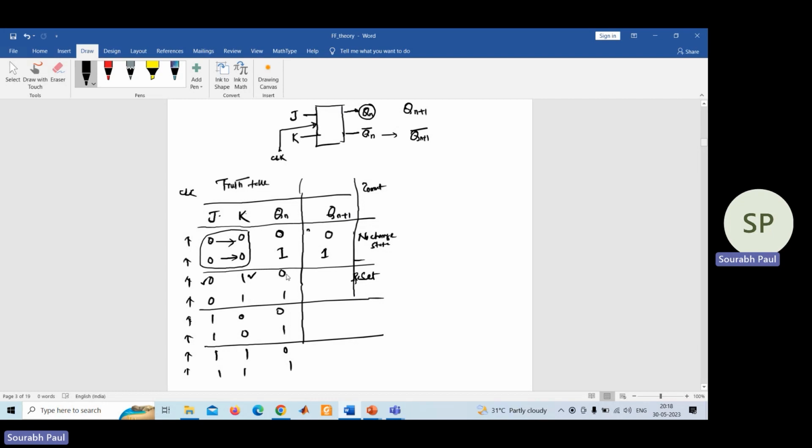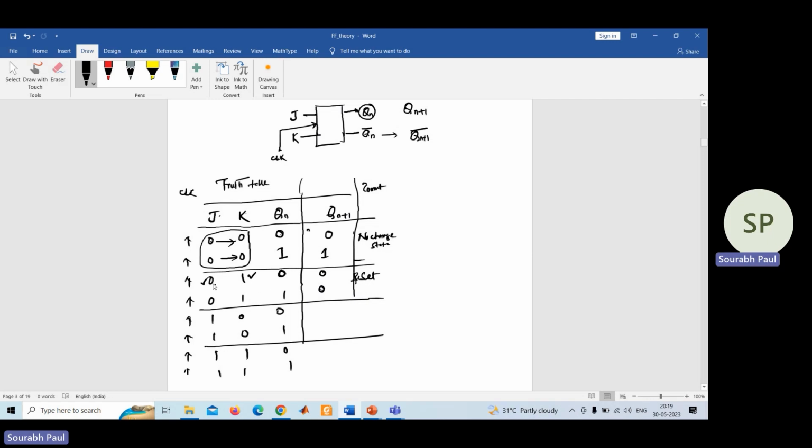Whatever may be your present output, after applying the clock, the output will by default be 0. So when you are applying J equal to 0, K equal to 1, whatever may be your present output, after applying the clock, the next output will automatically be 0. And this is known as reset.